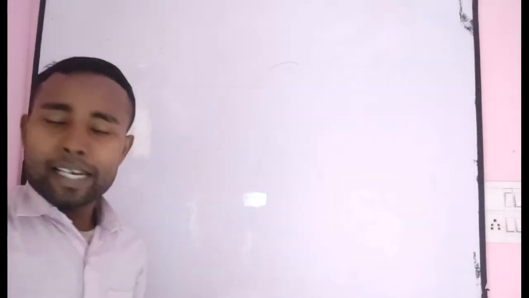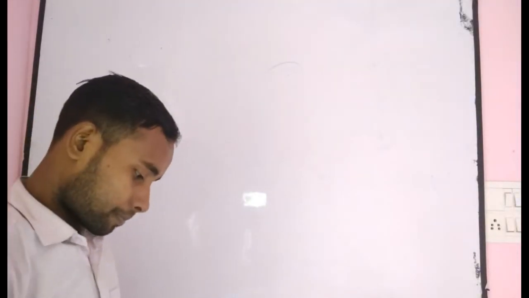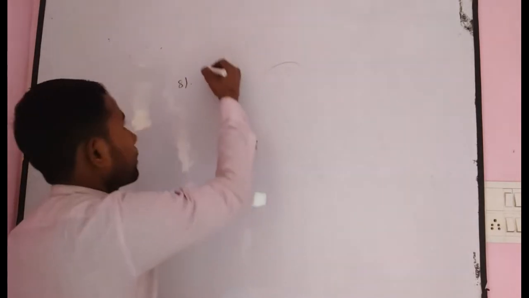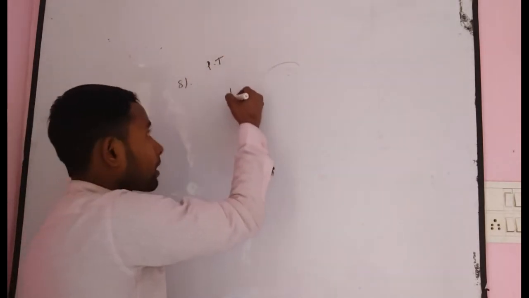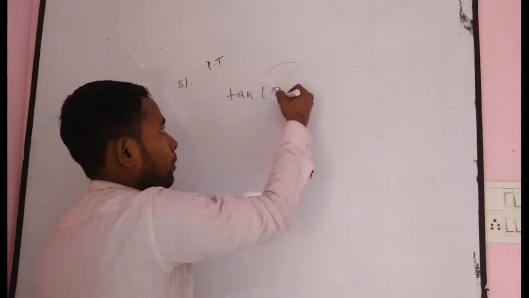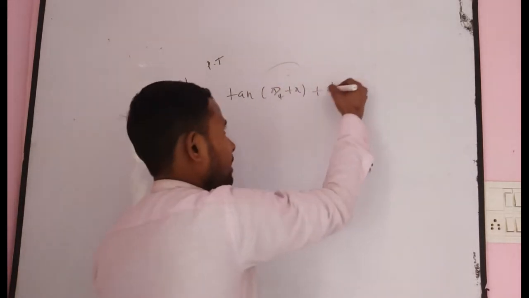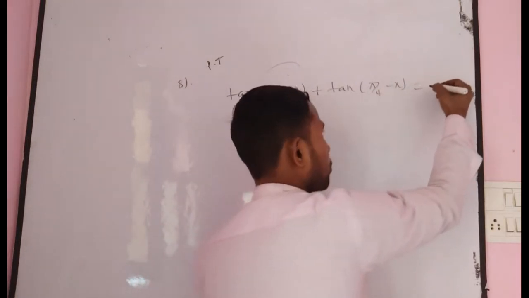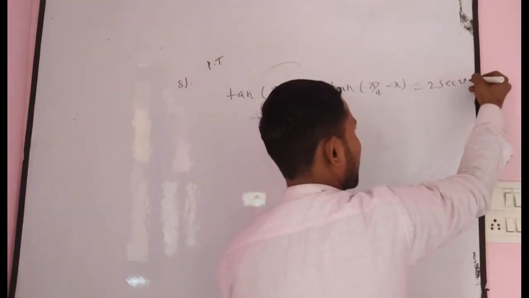Example 8. In this problem, it is given: prove that tan(pi by 4 plus x) plus tan(pi by 4 minus x) is equal to 2 sec 2x. You have to prove it.